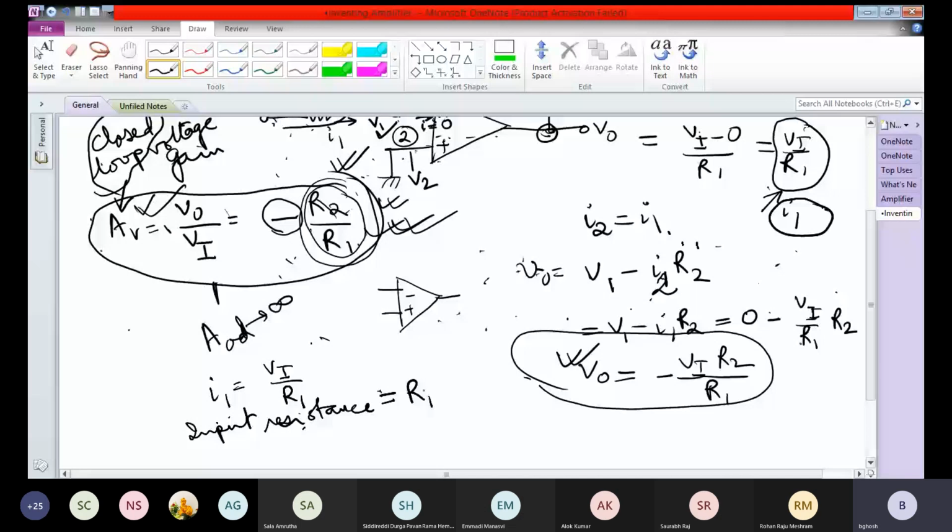It is the input resistance seen by the source Vi, that is Ri, that is equal to R1. So this is Vi by Ri, you can say. That is equal to Vi by R1, as we have seen here.